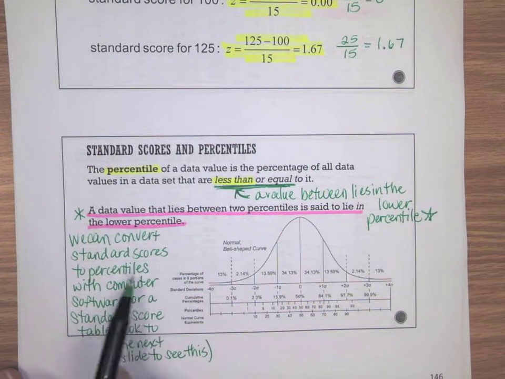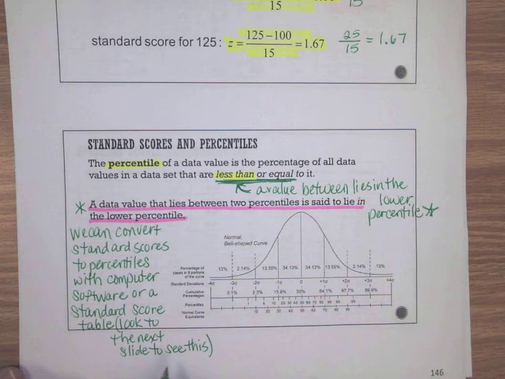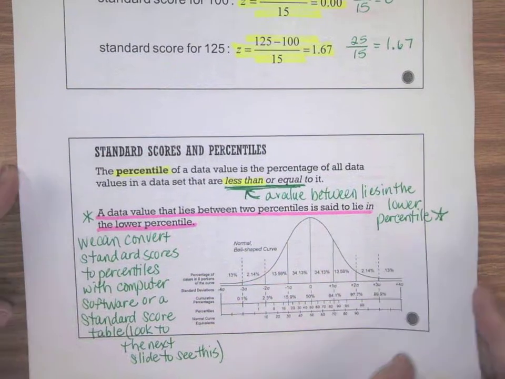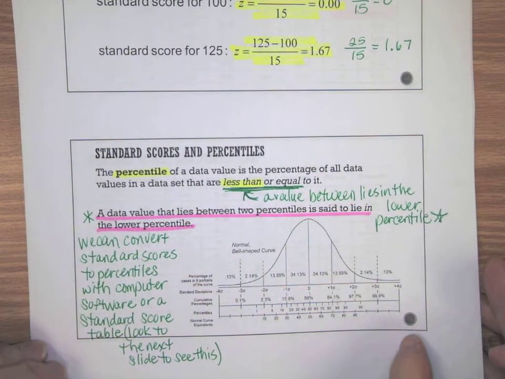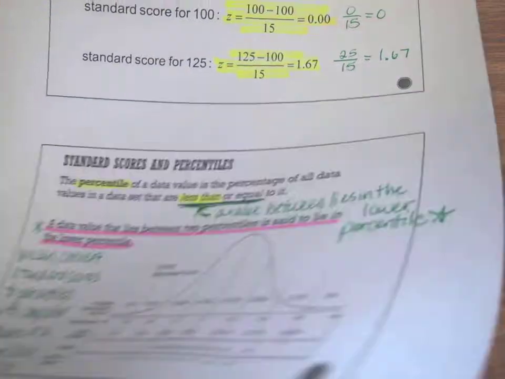We can convert standard scores to percentiles with computer software or a standard score table. We're going to take a look at the next slide and see that. You also have a standard score table on the math chart that you were already given.